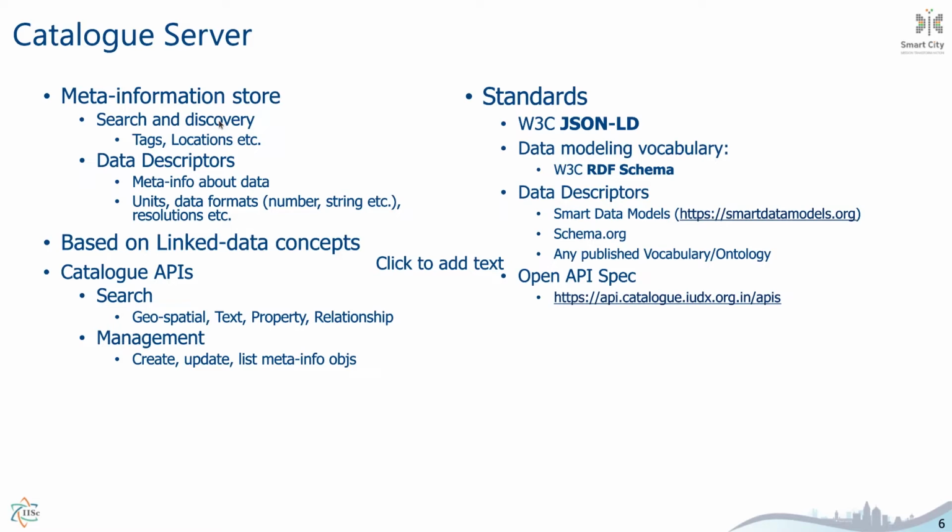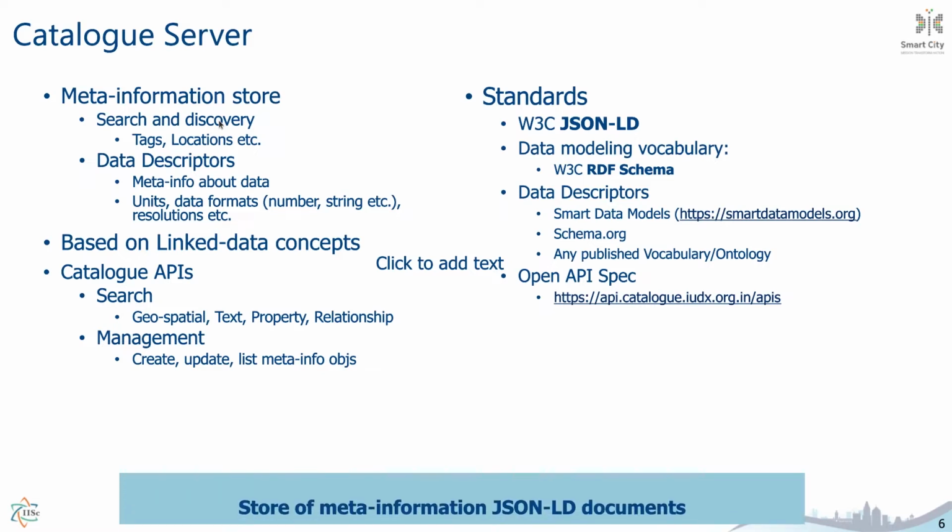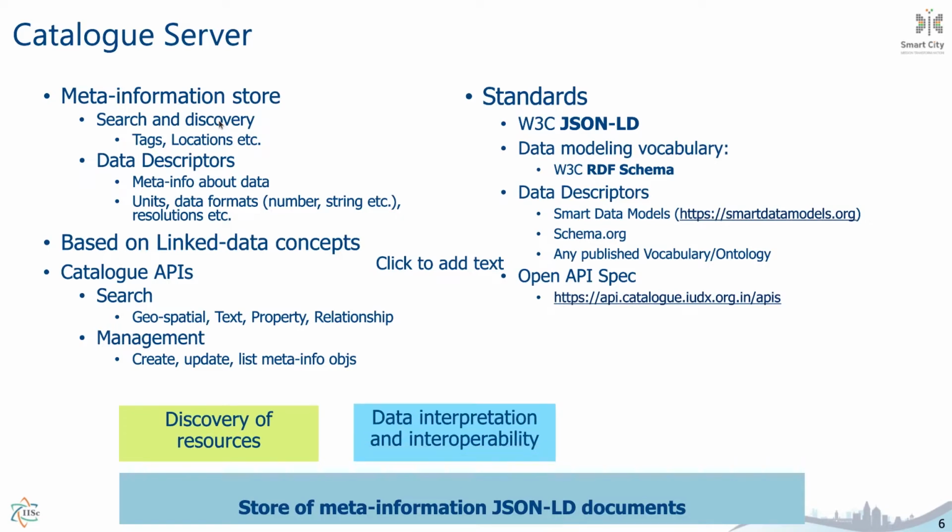And wherever possible, the data model attributes are reused from popular vocabularies such as Smart Data Models, schema.org, etc. To summarize, catalog is a meta information store of JSON-LD documents, which helps in discovery of resources, data interpretation and interoperability, and finally, it provides additional context for smarter use of data.